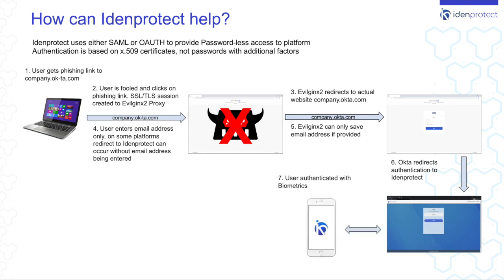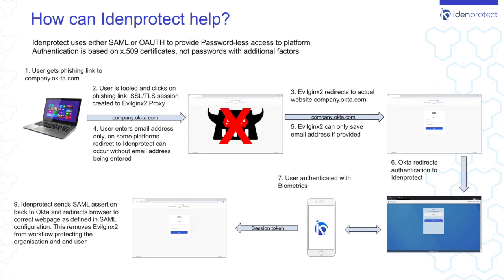The user performs the authentication using biometrics, unlocking the user's private key from the secure enclave or the trusted execution environment. It then logs them into the IdProtect platform, which then uses a SAML insertion to redirect back to the correct website. Now, again, it's crucial. It's this redirect that takes the user away from the initial phishing link they were sent.